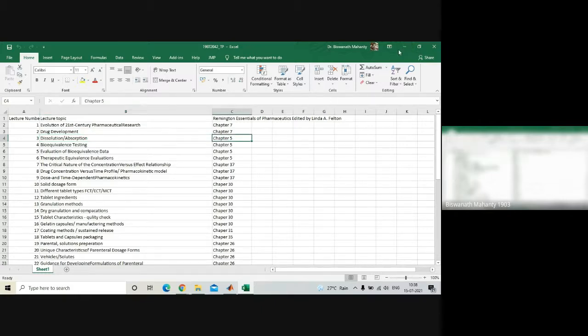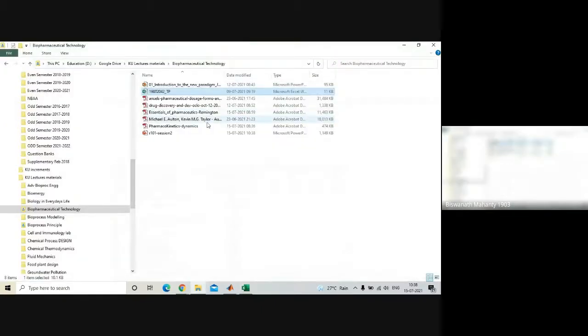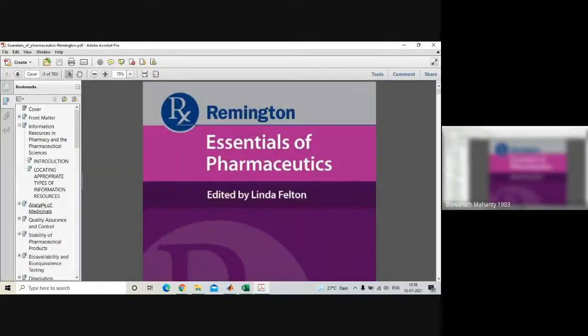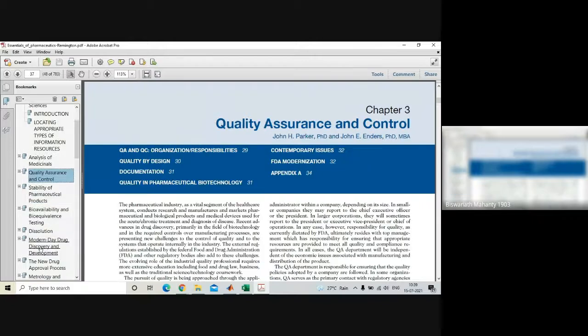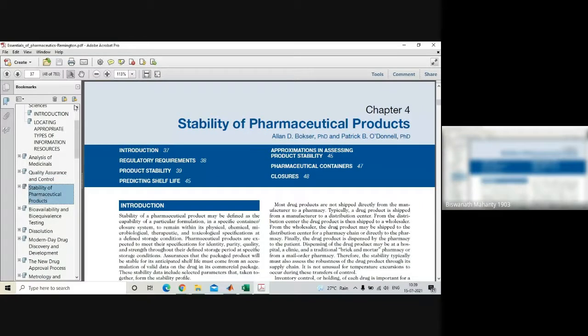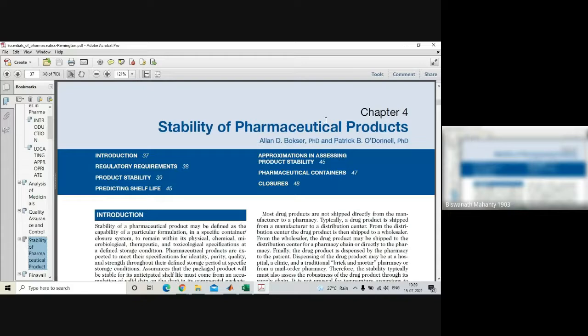We are looking at chapter 5. I will just give you the chapter 5 outlook. Everything you cannot really study on the same day. It is a very big textbook, so you need to be very focused on that.